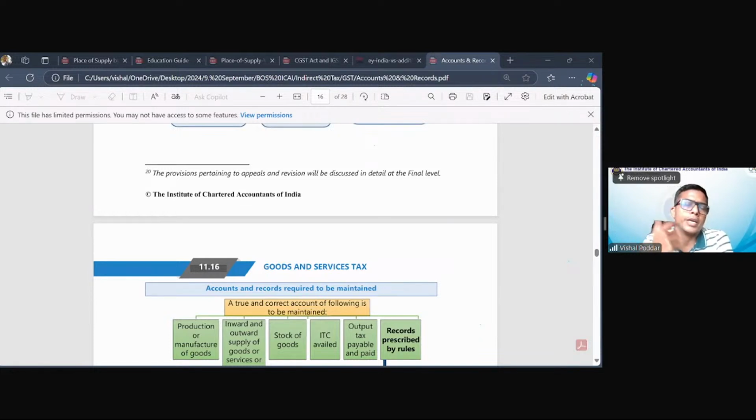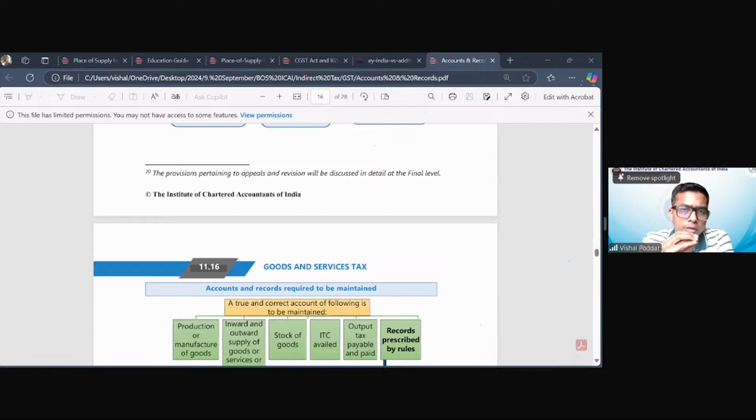Now we come to clause C and D. Both deal with expenses on construction, renovation, repairs, modernization, reconstruction. So when you're doing any of these expenses, whether ITC is allowed or ITC is blocked, that is what is covered in C and D. Now, what is the difference between C and D?